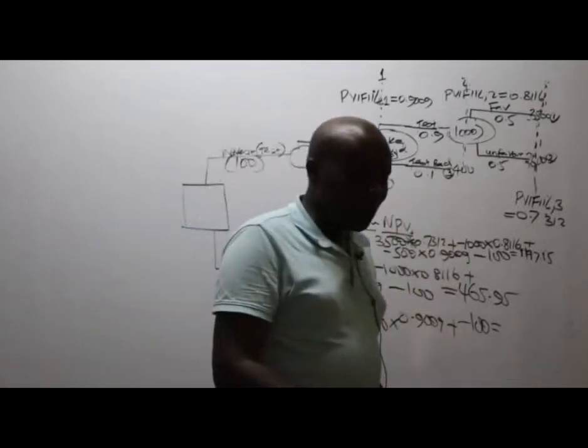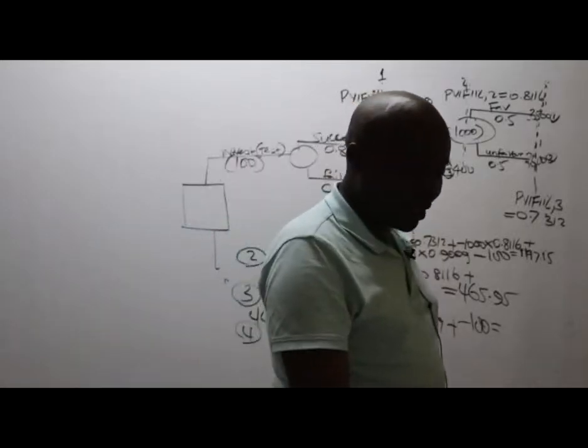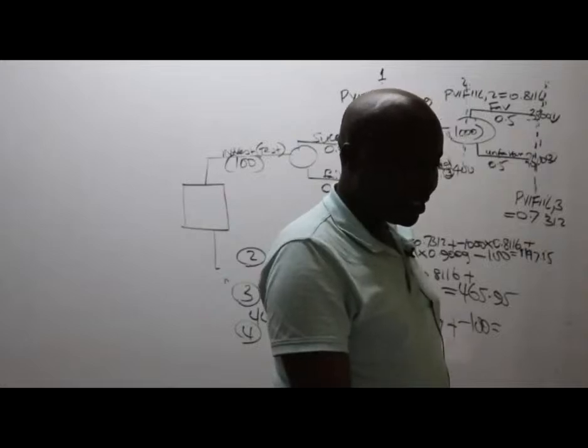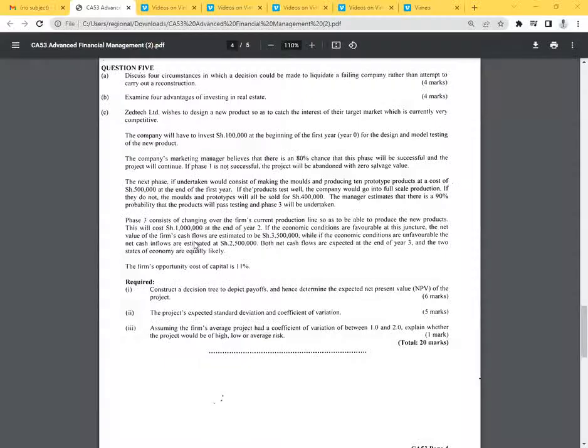What they have told us here is: the next phase, if undertaken, would consist of making the molds and producing 10 prototype products at a cost of 500,000 at the end of the first year. If the products test well, the company would go into full-scale production. If they do not, the molds and prototypes will be sold at 400.